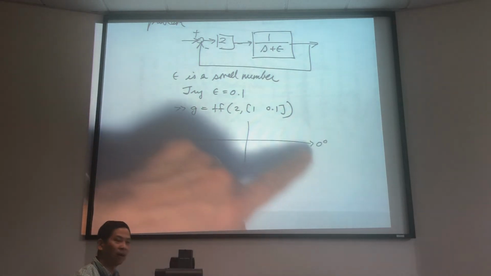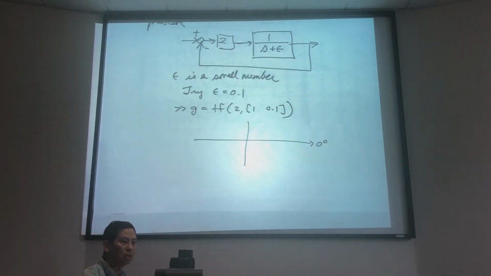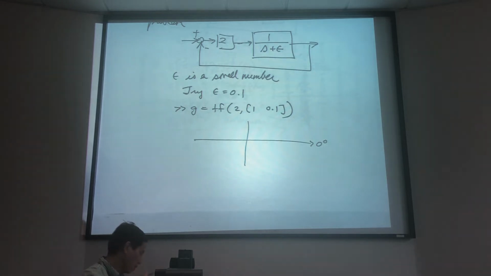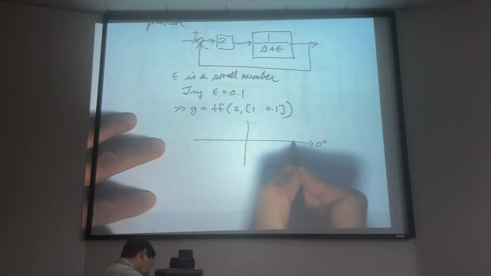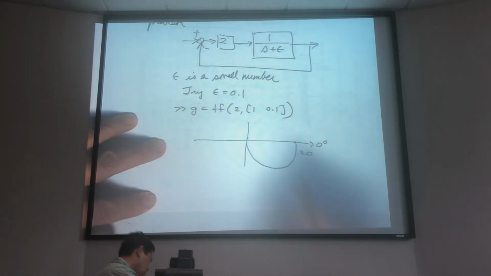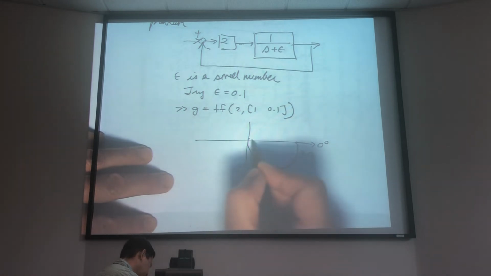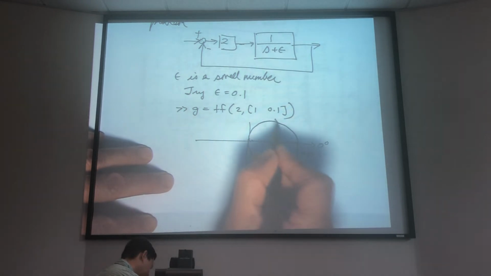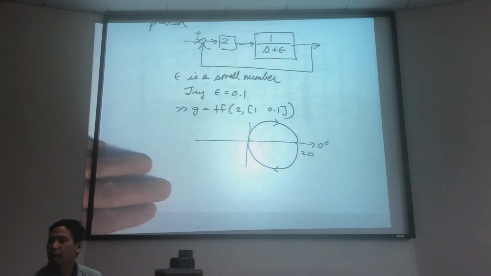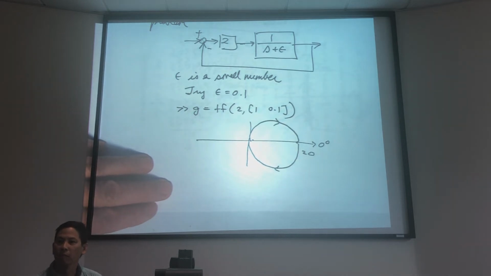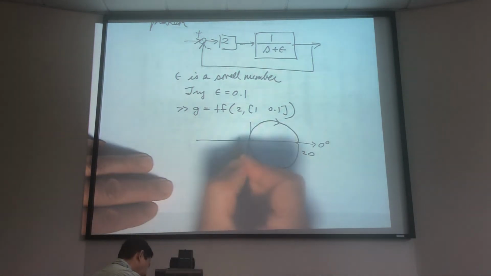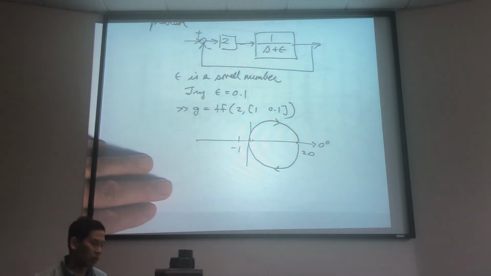Again, I'm going to label this time now using polar coordinates. This is 0 degrees, 0.1. This thing is going to start off at, I think, 20 out here. It's going to wrap around like this. Minus 1 is out here.